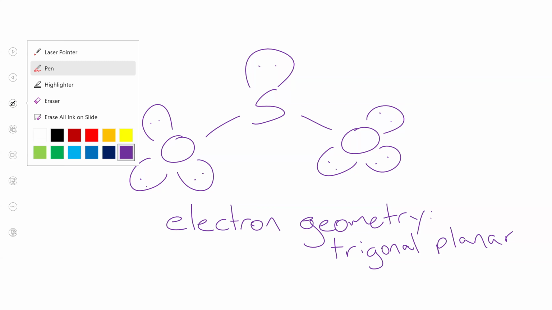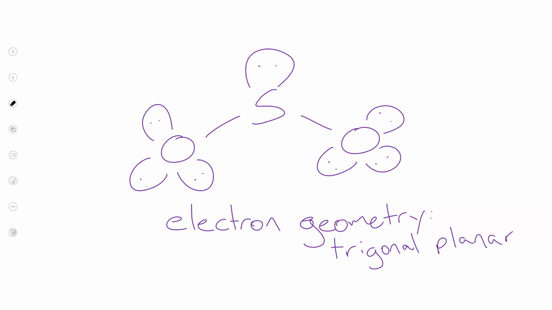And if we can't see the electrons, they're still there, they're still taking up space. This doesn't automatically become linear just because we can't see the electrons. That backpack is still on the seat. So it stays in the same shape, but we can't see the third electron domain. And so we call this the molecular geometry.